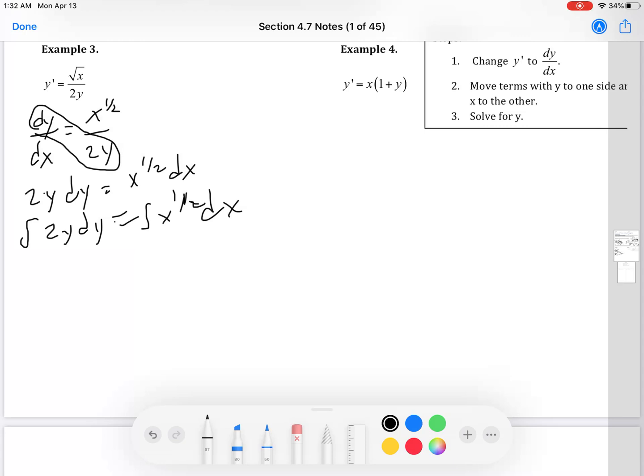And now at this point, we're just going to take the antiderivative. That'll be a y squared.